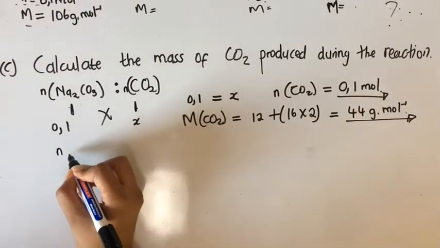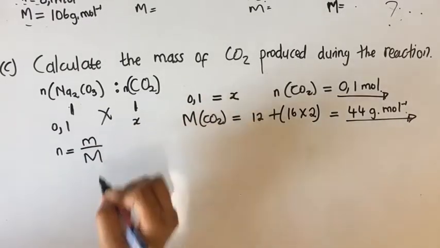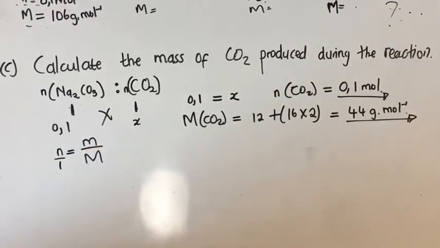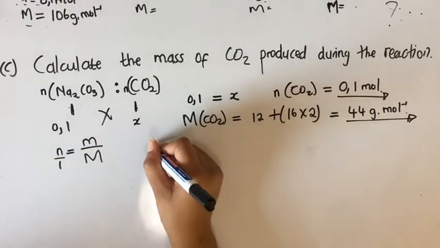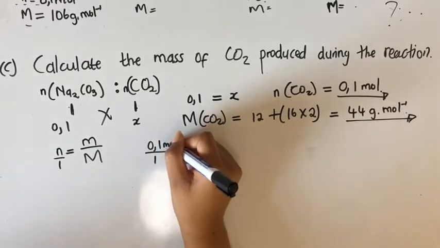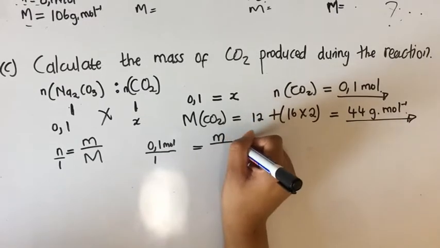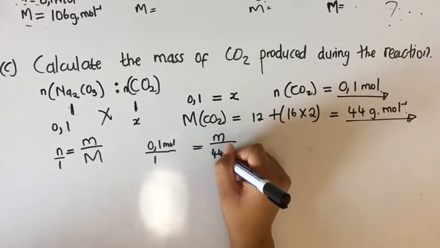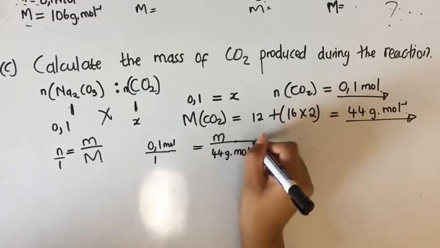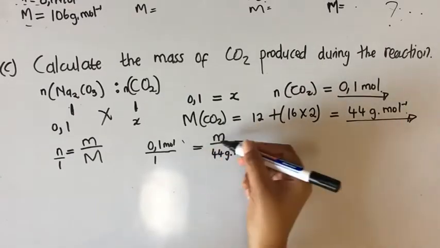So number of moles is equal to mass over molar mass. So over 1 la. And my number of moles was 0.1 over 1, right? Mole is equal to mass, molar mass is 44 grams per mole. Alright, so this is a cross multiply.